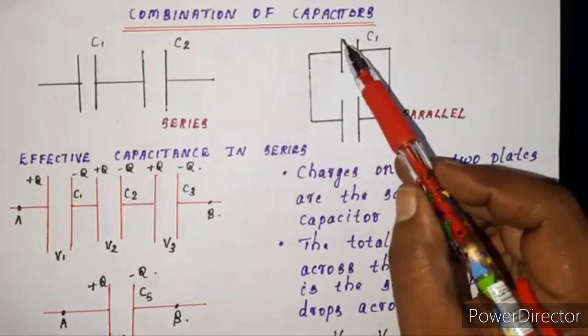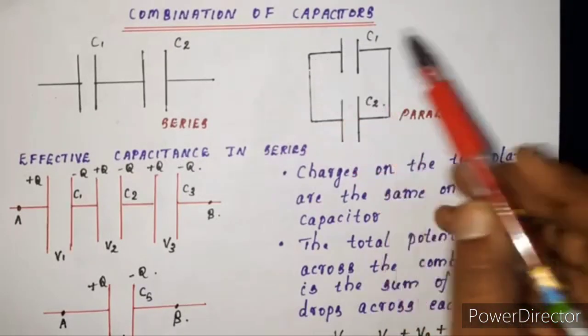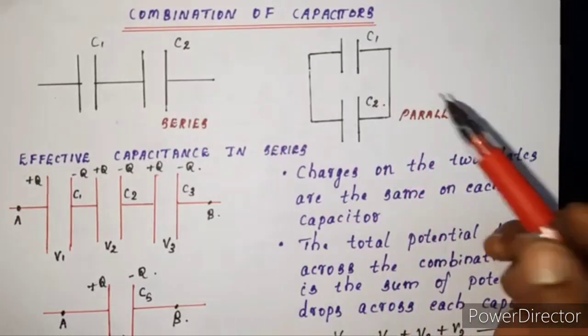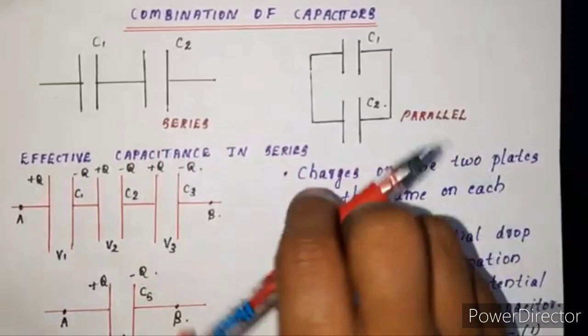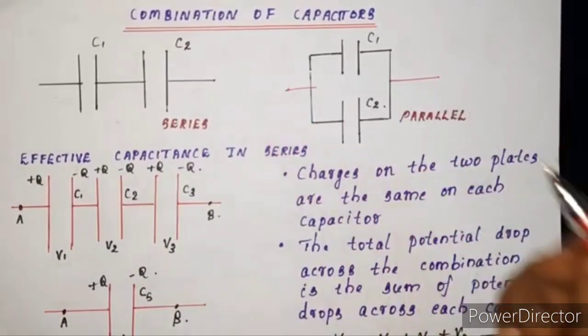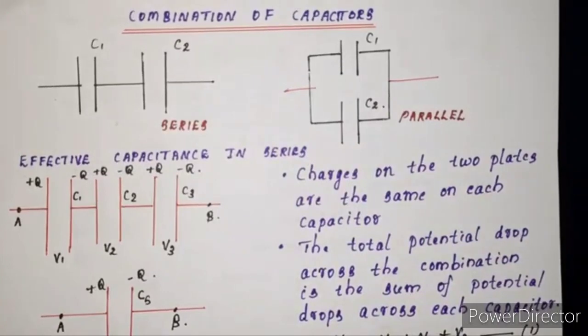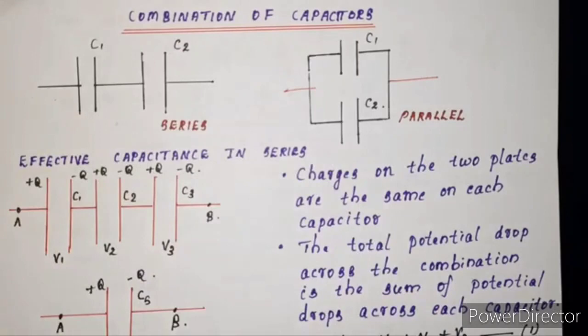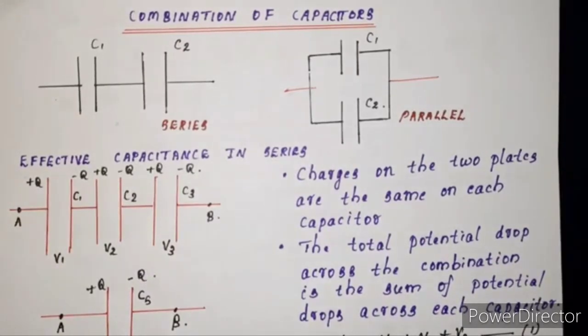Each end, that means one end is connected together, and the second plate is also connected together. That makes the difference between parallel combination and series combination. So this is the example of series combination and this is parallel combination. There can be any number of capacitors in series and parallel.